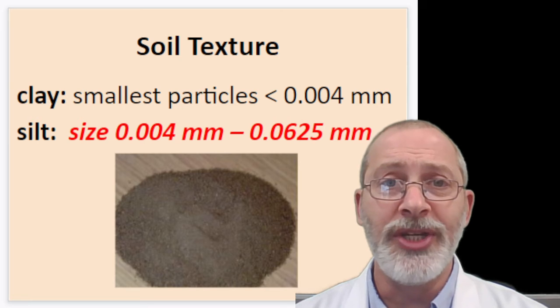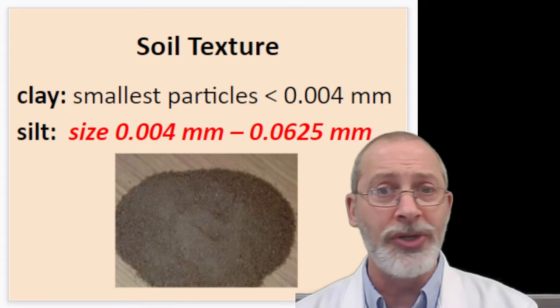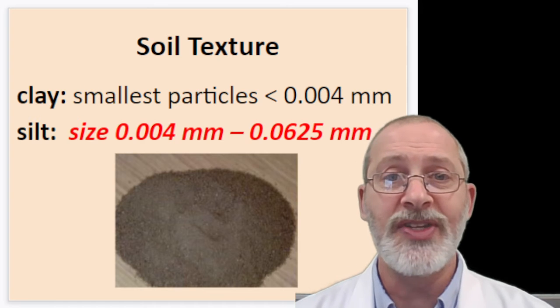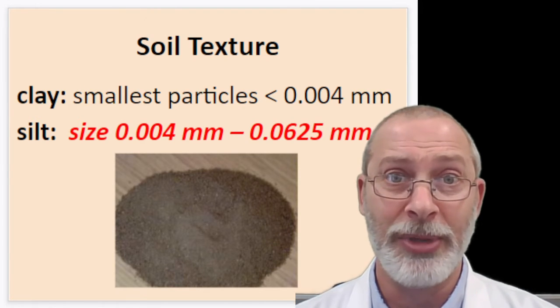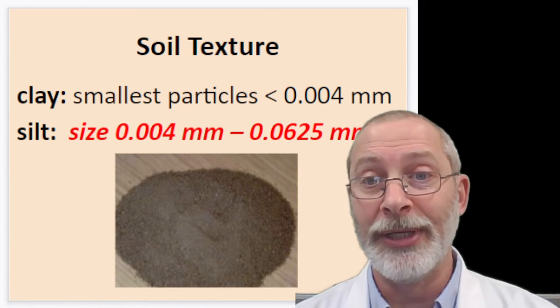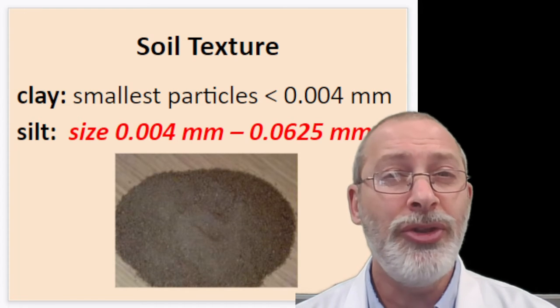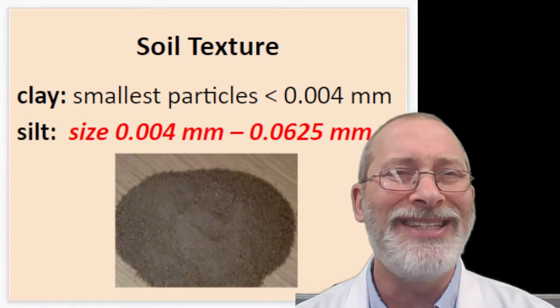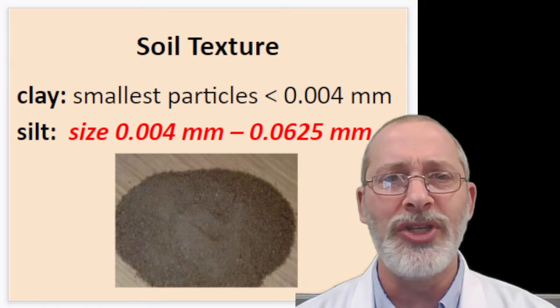Silt can range in size from 0.004 millimeters, the largest size of clay, all the way up to, as if that's a big size, 0.0625 millimeters. Also super small, getting into the range where you might be able to detect the grains without a microscope, but still awfully small.